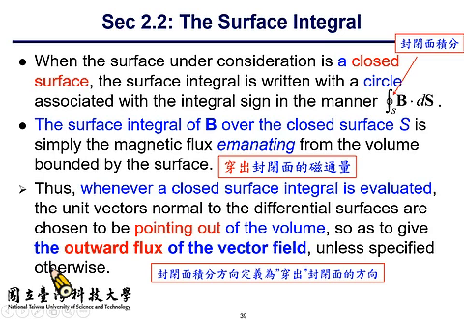If we have a closed surface, like a sphere, use your imagination. And if you have, for example, some positive charge Q placed within this closed surface, then of course you can draw the E field due to the presence of the positive charge.